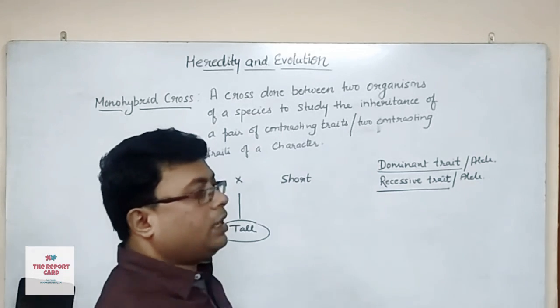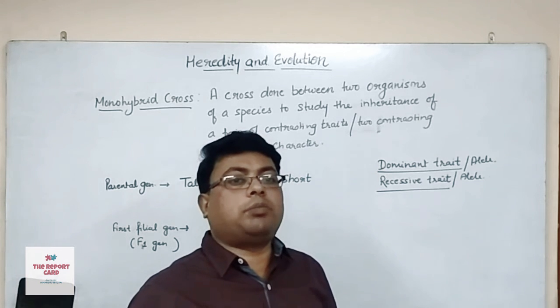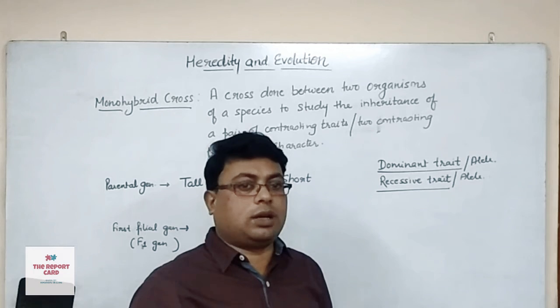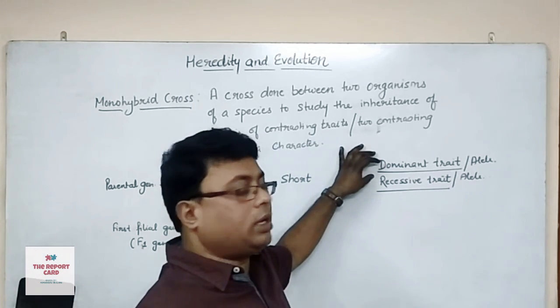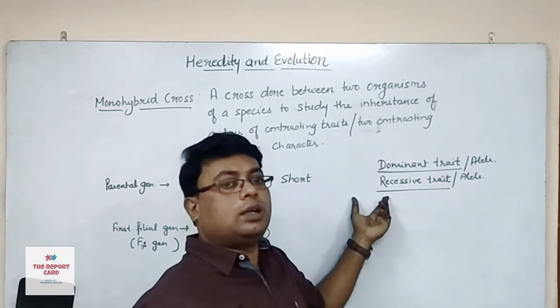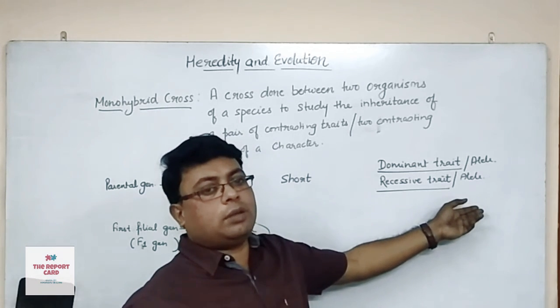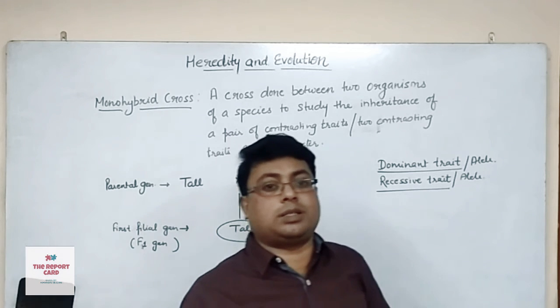A dominant trait is a trait which is always expressed in the presence of a recessive trait. So in a heterozygous condition, the trait which is expressed is known as the dominant trait, and the trait which is not expressed is known as the recessive trait. A recessive allele will never be able to express itself. So what do you mean by expressing?